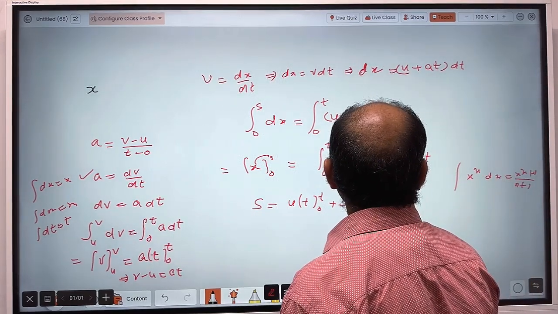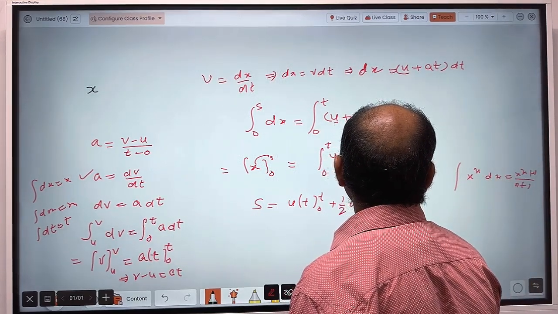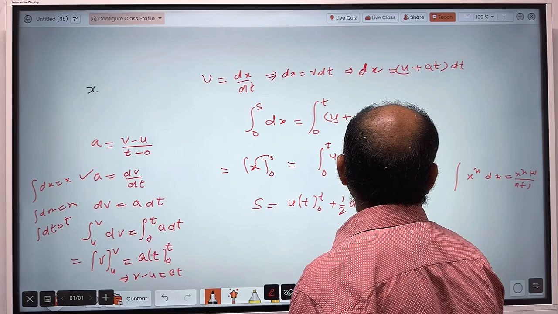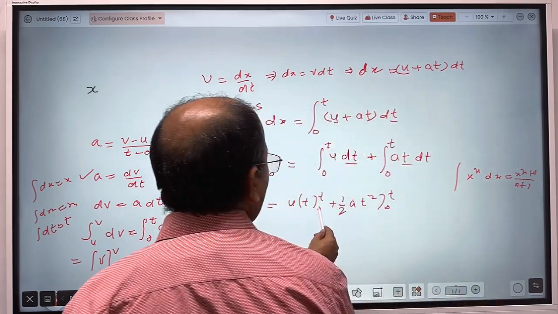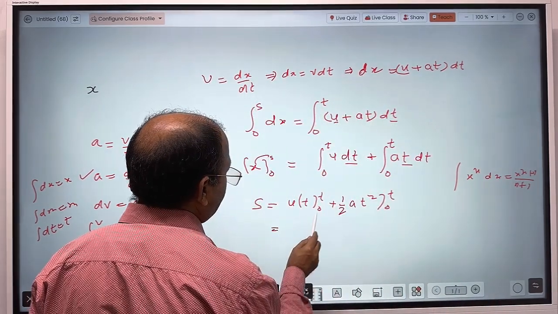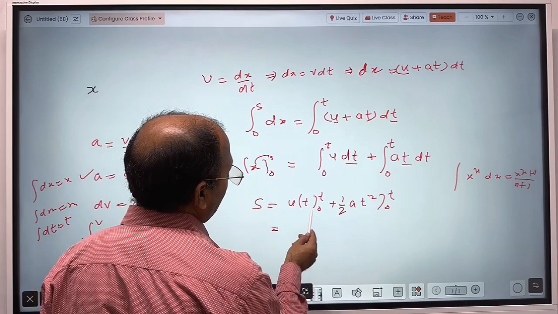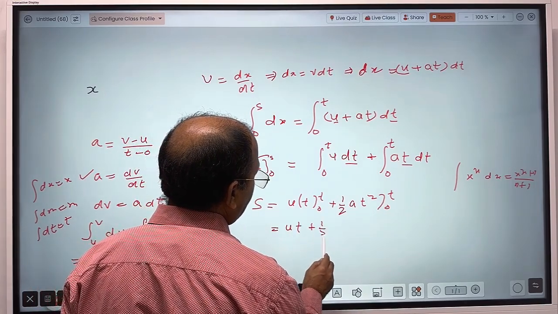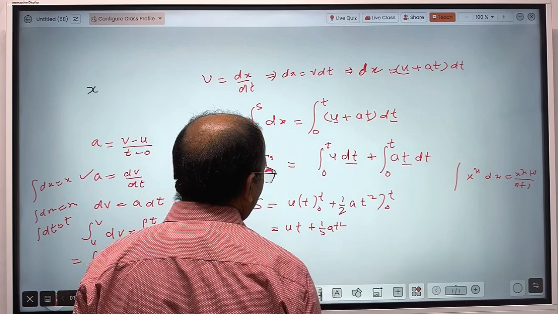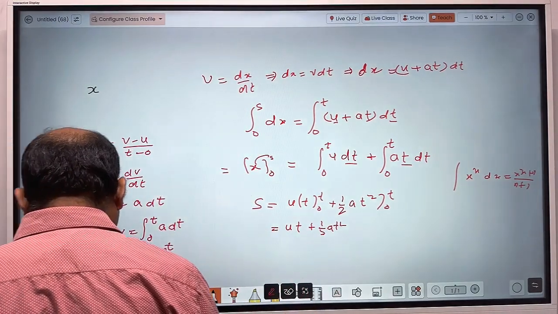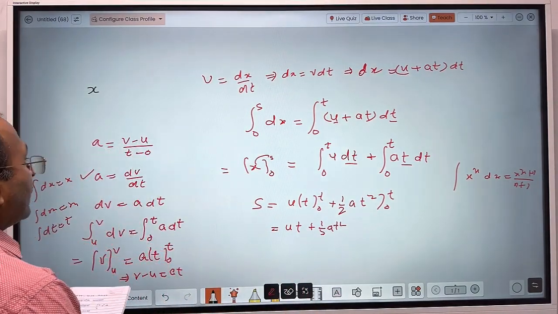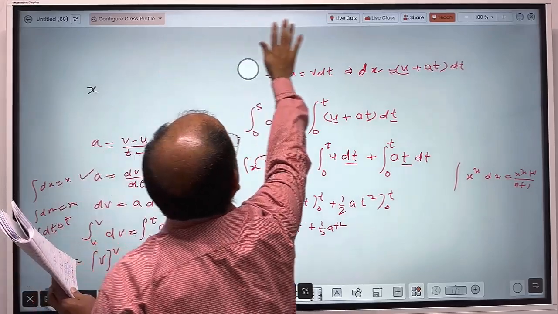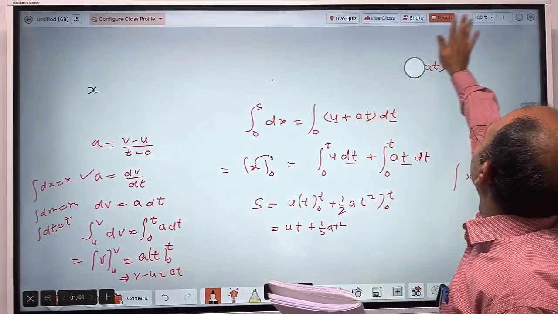So here this will become 1 by 2 a t square, limits 0 to t. After putting the limits, if we put t equal to 0 we will get nothing. So s equals ut plus half a t square. So this is the second equation of motion. Now we are going to see the third equation of motion.